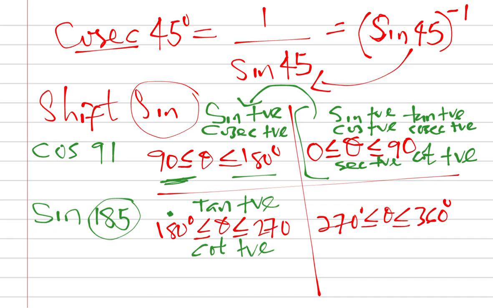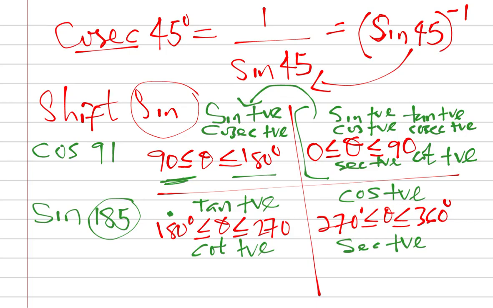But under the fourth quadrant, only cos is positive, and its inverse, sec, is also positive. So under here, only cos is positive. That's why if you press cos 271 to 360, you will get positive.